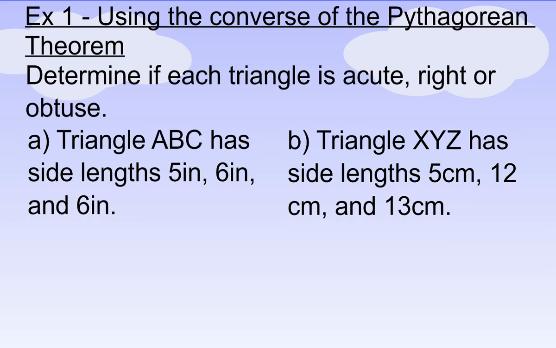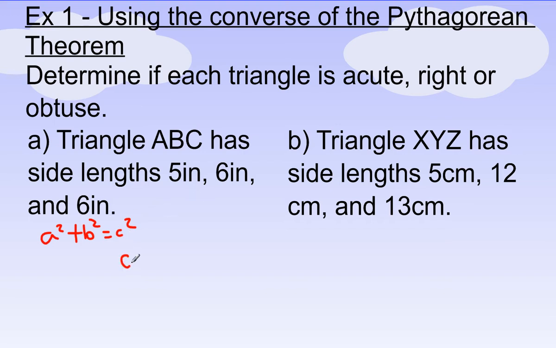The first problem says triangle ABC has side lengths 5 inches, 6 inches, and 6 inches. Okay, so the directions say determine if the triangle is right, acute, or obtuse. Well, in the Pythagorean theorem, a squared plus b squared equals c squared, the longest side is always this c. So 6 is the longest side.